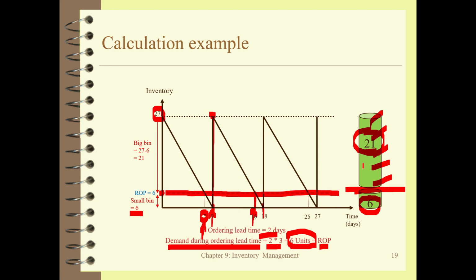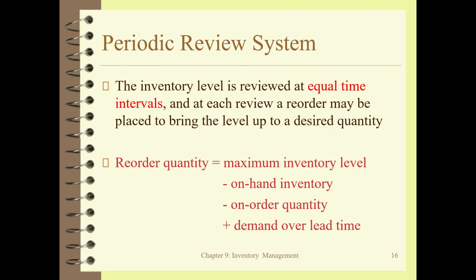How much do you press? 27, okay? And then the picture will be like this again. So this is the reorder point system.